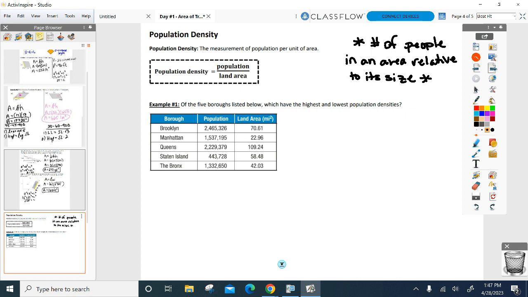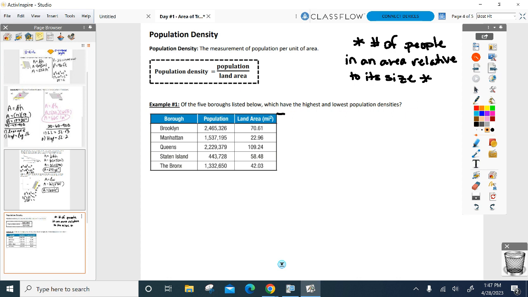So the first thing I'm going to do with you is go to the 5 boroughs of New York City. You're going to find out on your own which one has the highest and which one has the lowest population density, using our formula, which is something you're on the hook for. That's not on the formula sheet. So let's go through every borough right now, calculate its density, and then we'll talk.